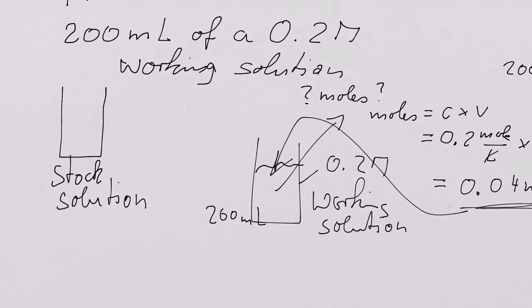Now, where do these 0.04 moles come from? They come from our stock solution. So we have to take 0.04 mole out of the stock solution. But how do we know how much is 0.04 moles?